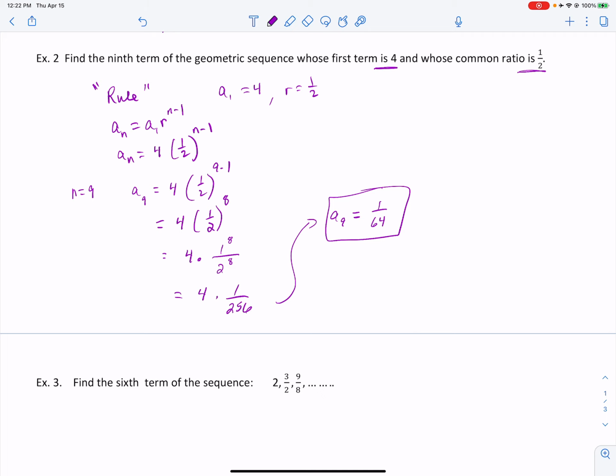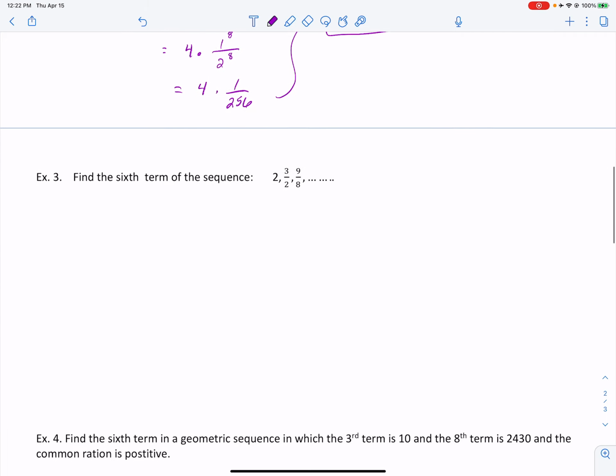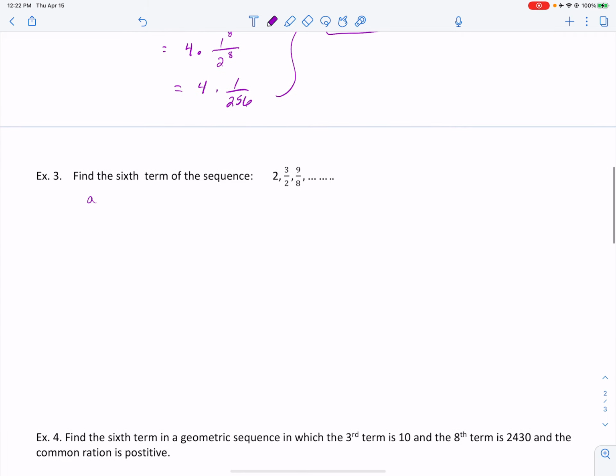Okay, example 3. Find the 6th term of the sequence. You can see that a sub 1 is 2, and to get r, you take the second term divided by the first term. So you have 3/2 divided by 2, which is 3 over 2 times 1/2, or 3/4. That is your common ratio.